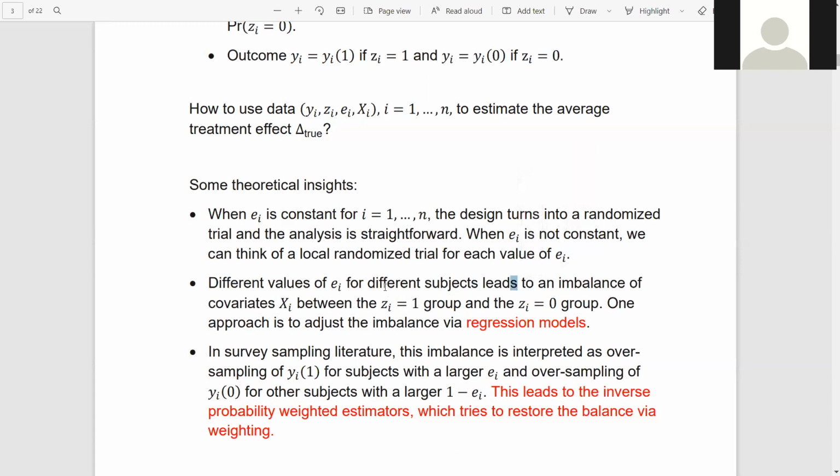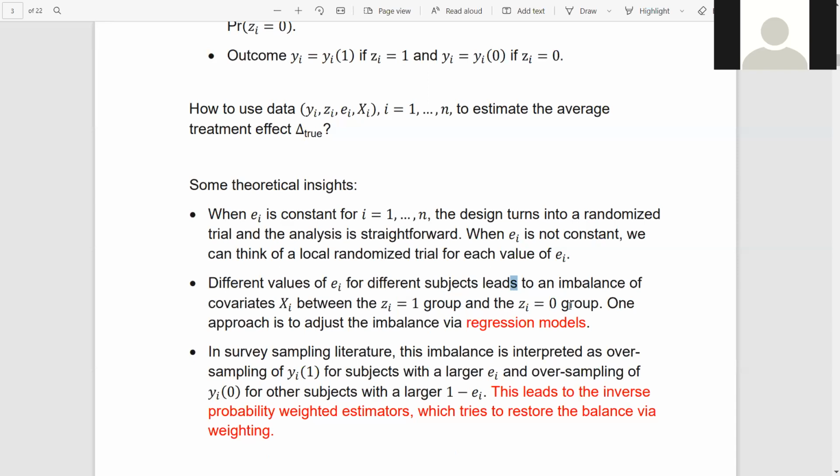Now we're assuming that the ei are not the same, so they differ from subject to subject. What's the consequence of different ei for different subjects? The consequence is the imbalance of these predictors between the Zi equals 1 treatment group and the Zi equals 0 treatment group.